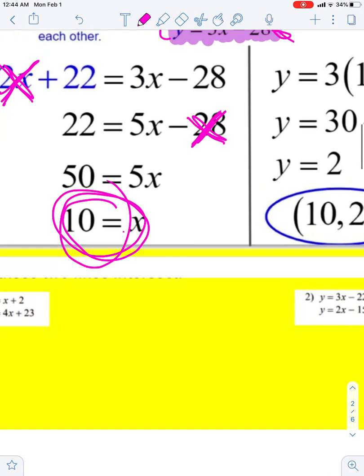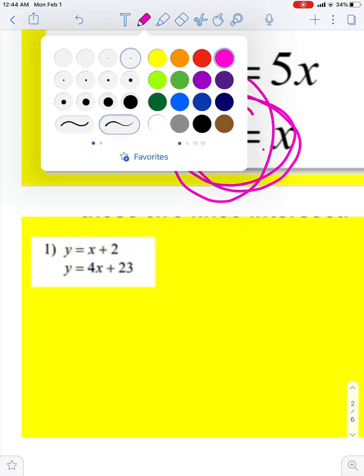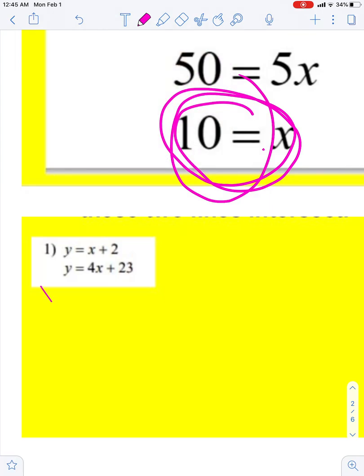So let's do one together. I have y is equal to x plus 2, and y is equal to 4x plus 23. So I do x plus 2 is equal to 4x plus 23. And I'm going to go ahead and draw my line because I'm going to solve for x on one side and y on the other. So I'm going to subtract x from both sides.